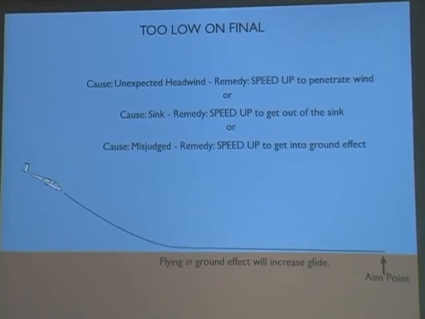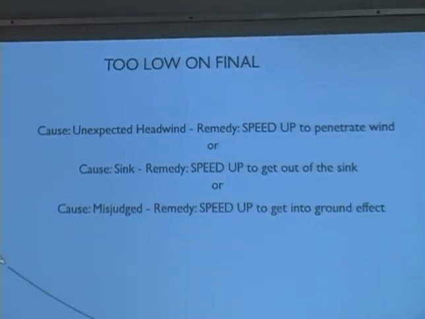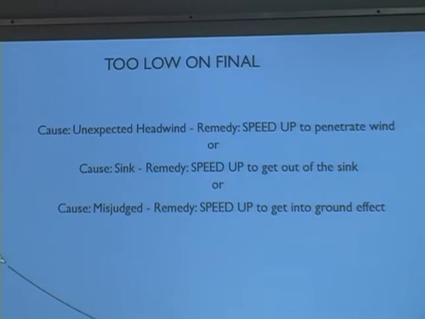It's not unusual to be too low on final after all this, and there can be different causes. If the headwind is stronger than you expect, then you're not penetrating, so the best thing to do is to speed up. It does two things for you. It helps you penetrate the wind better, and you'll be down into ground effect, where the wind is a little bit lighter.